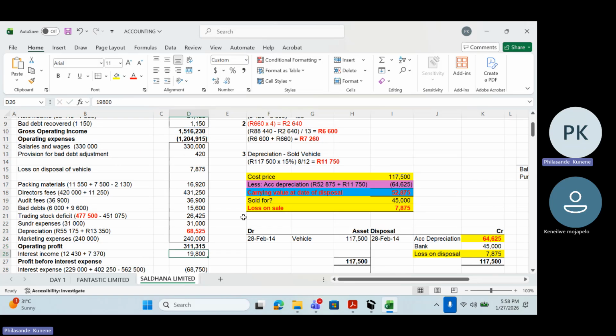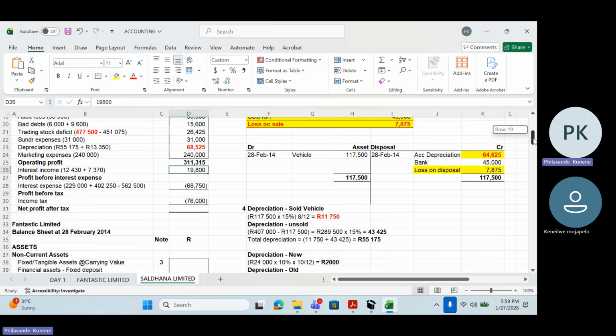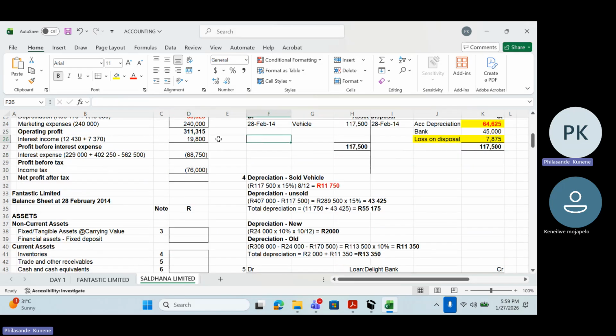We're considering the two amounts. Then plus interest income, how much would be our profit before interest expense? 331,115. Exactly, 331,115. That will be our profit before interest expense, and then profit before tax. How much will it be?